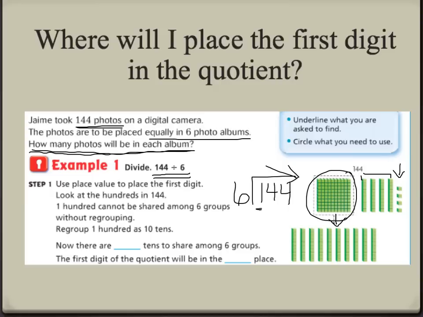So I now have these 10 tens from my original 100 and the 4 tens from the 144. So now I have 14 tens to share among 6 groups. So I know the first digit of my quotient is going to be in the tens place.